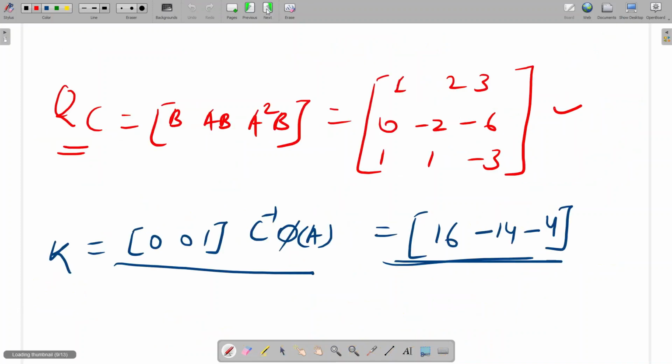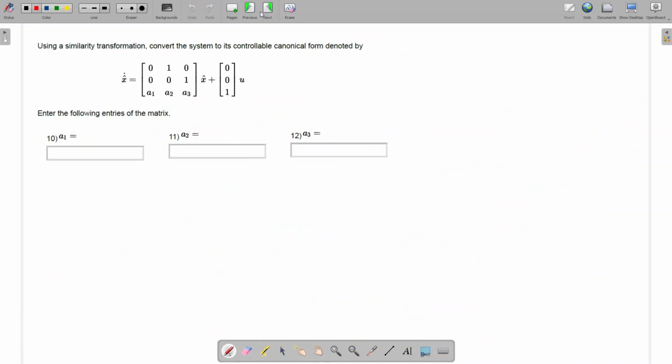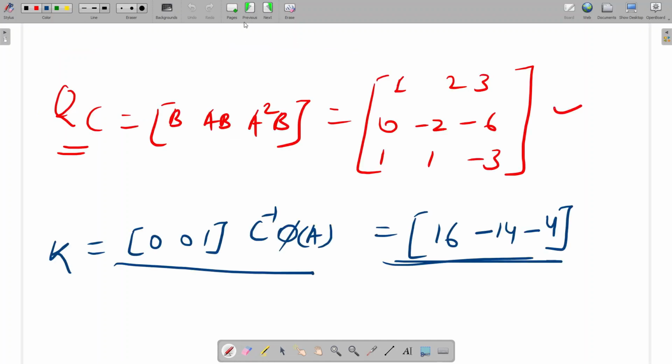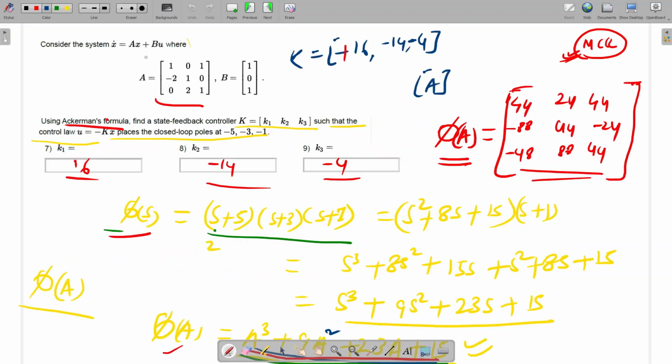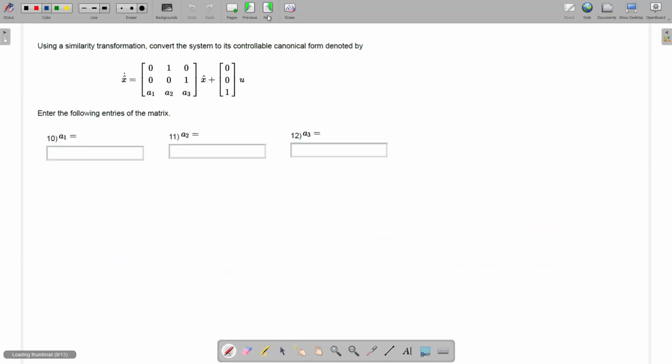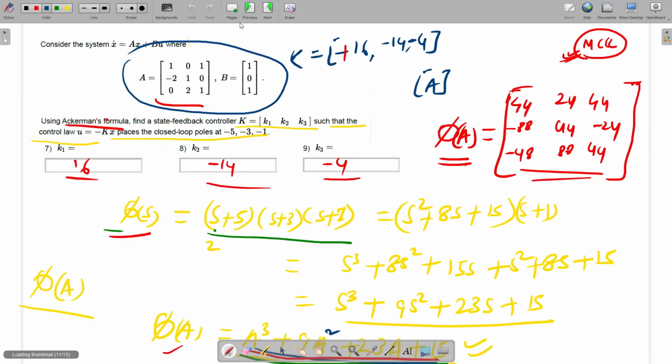The same kind of question I am going to show. This is conversion from normal form. The previous matrix we will convert into the controllable form. Here we have this form. We have to convert that matrix, which is given here.